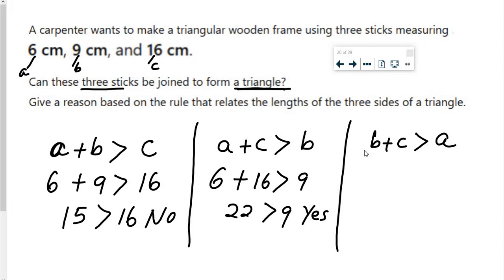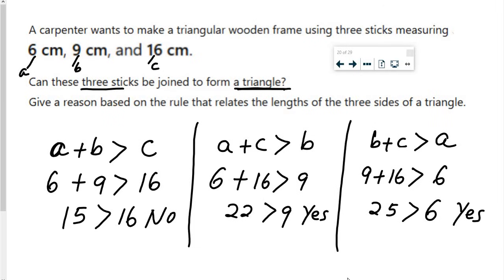Lastly, B plus C should be bigger than A, meaning 9 plus 16 should be bigger than 6, meaning 25 is bigger than 6. It is true. Now, since the first condition is not satisfied, you can see a no here.